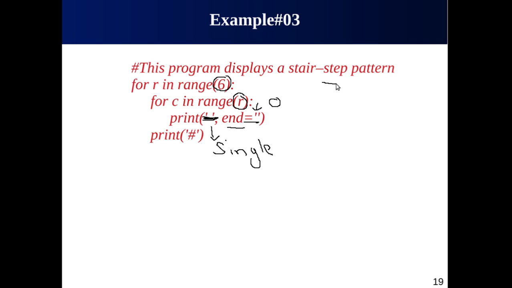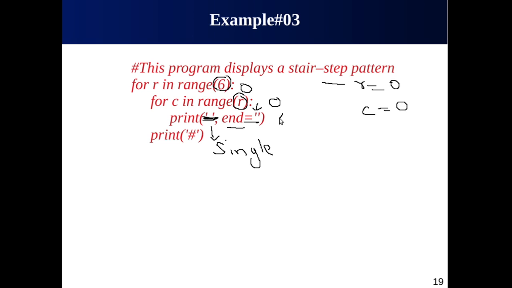For example, the initial value of r is 0. Come to the column. Here the value of C is going to be 0 as well. Okay. If row is 0, and the initial value of C is also 0.